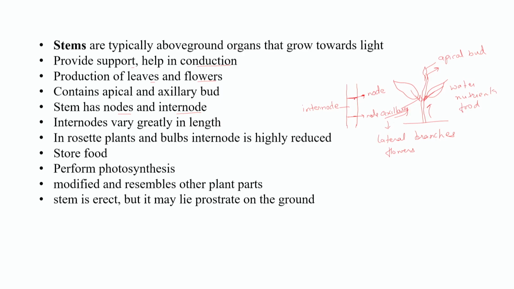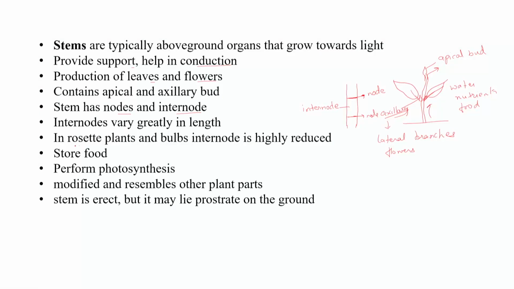The length of the internode can vary. Like you would have seen the bamboo tree, it has a very long stem and very long internodes. In sugarcane also you would have observed internodes. In many other plants also, the length can vary.